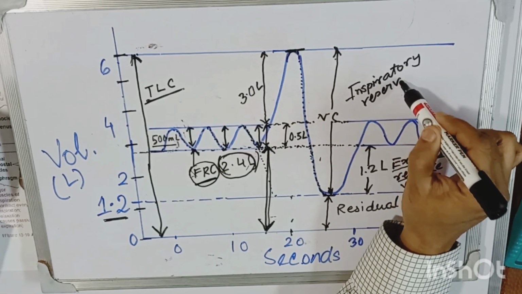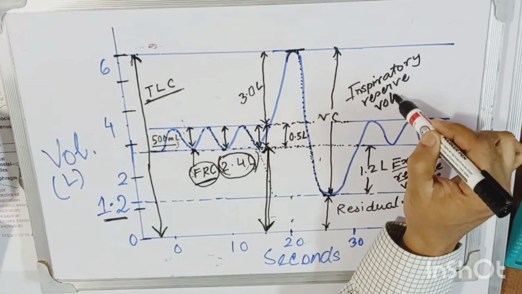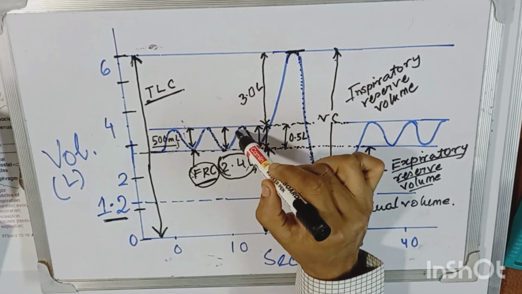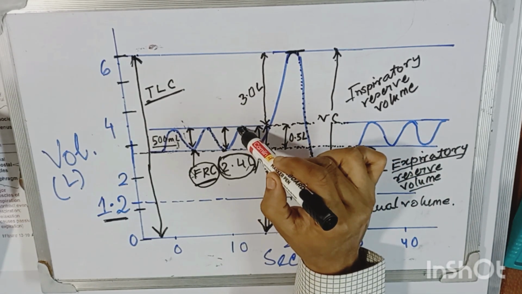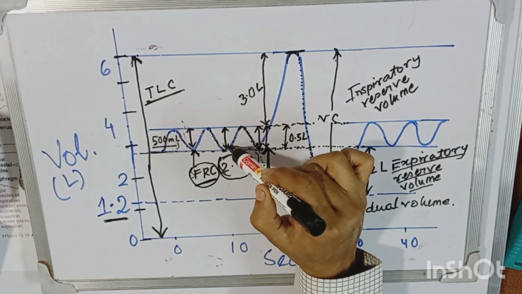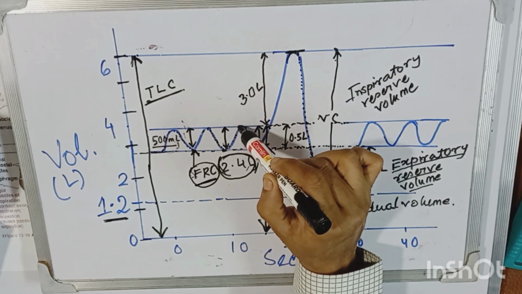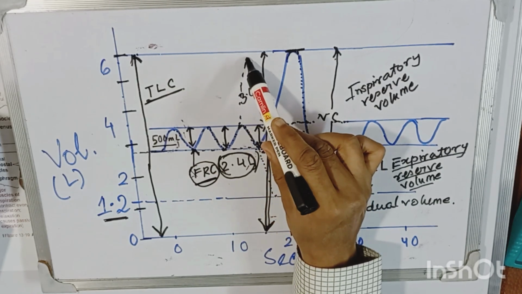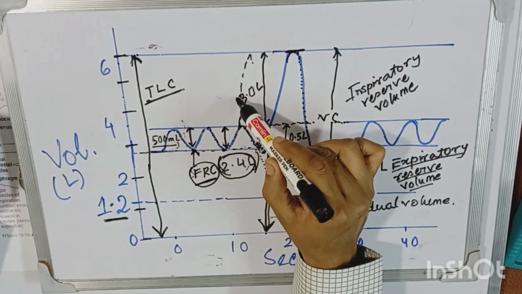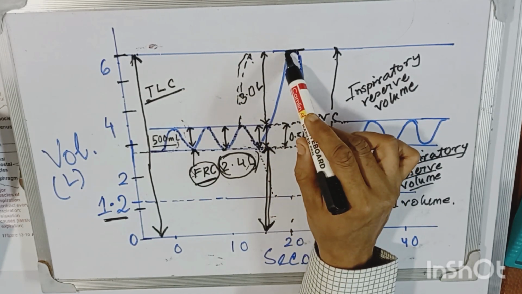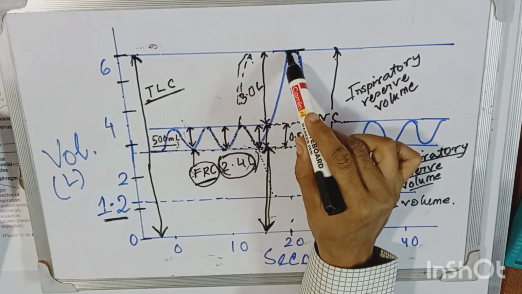That means if we want at any point of time to prolong our inspiration, to take in more air than what we have actually taken in, we can breathe in from this point to this point, and go up and breathe in another 3 liters of air.